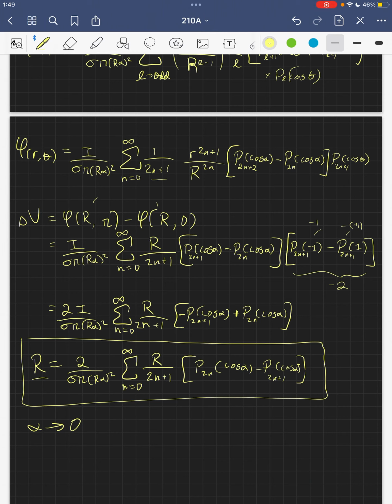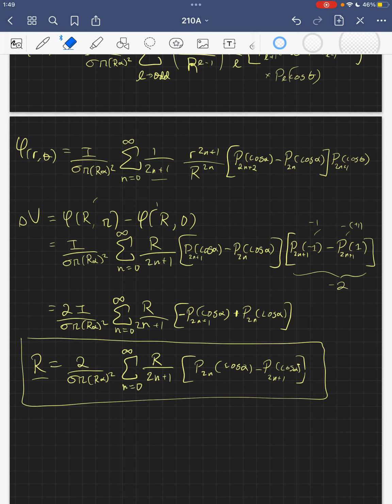If n is 0, we have P_0 of 1 minus P_1 of 1. So you have a 1 minus a 1 here. So the resistance diverges, okay? And your resistance is diverging.